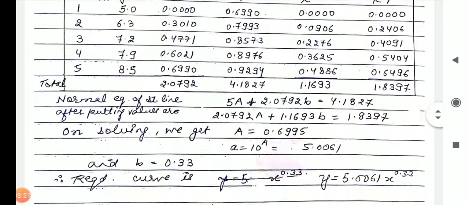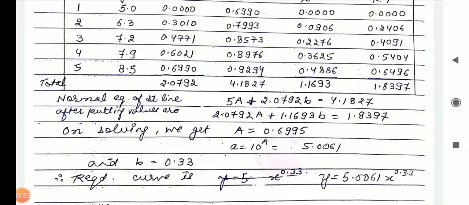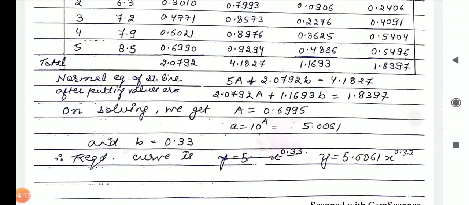To calculate anti-log, you may press the shift key and then 10 to the power x key and then the number for which you have to find the anti-log. So here we first pressed the shift key, then we pressed 0.6995 and we obtained the value of small a as 5.0061 and small b is 0.33. So on substituting the values of small a and small b in the equation of the curve, we get the required curve as y is equals to 5.0061 x to the power 0.33.